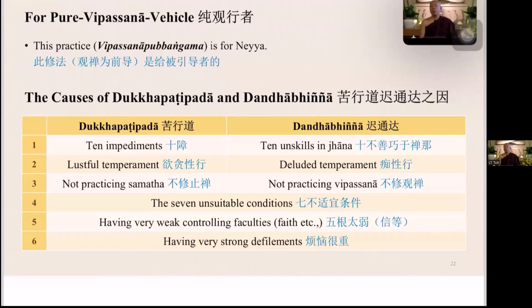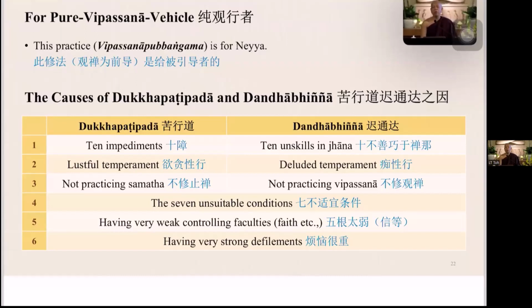Then if somebody can attain very slowly, but they can practice very smoothly in the very beginning, we call dukkha paṭipadā khippābhiññā or sukha paṭipadā dandhābhiññā, 2 different types of people, right? They are called vipañcitaññū. After listening long discourses, they can attain path and fruition knowledge.